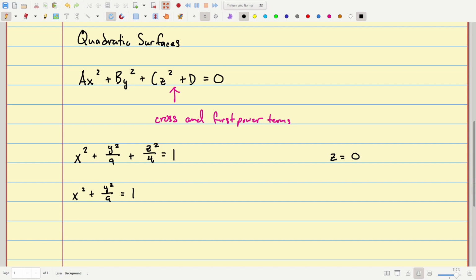Now, what is this the equation of? Yes, it's a curve, but that's not descriptive. What kind of curve? It is an ellipse.